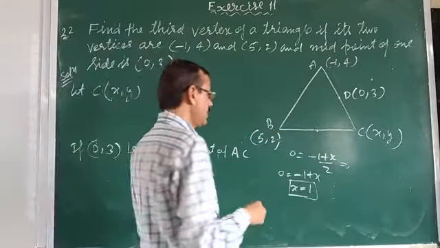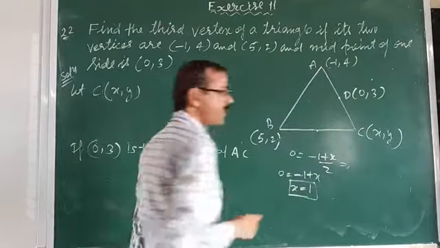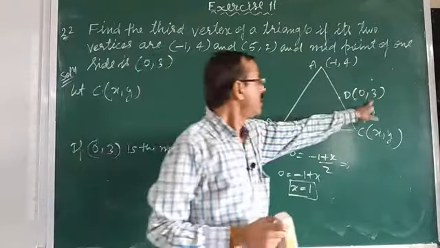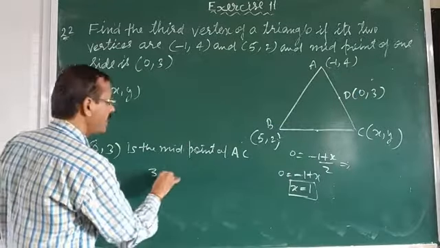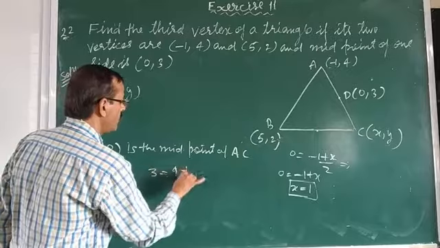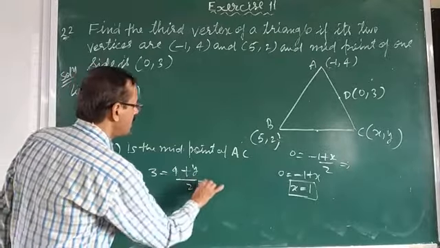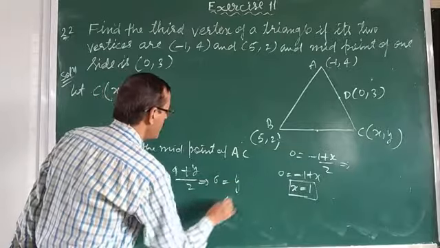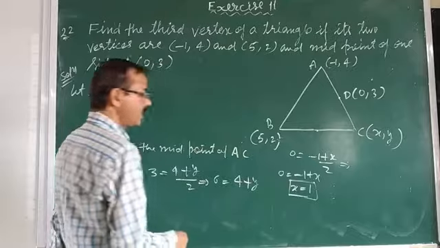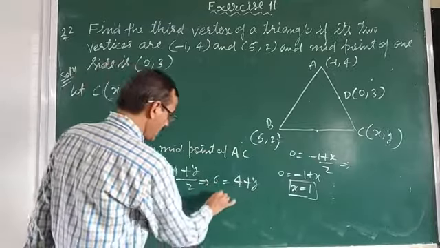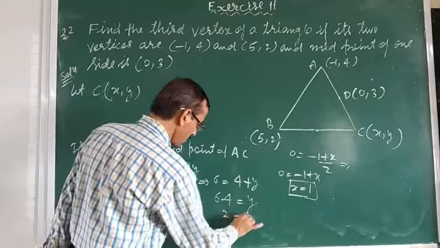Now for the second, 3 is equal to 4 plus y upon 2. B is equal to y1 plus y2 upon 2. So 3 is equal to 4 plus y upon 2. Transpose these two, what will be? 6 is equal to 4 plus y. 4 transposed to this side, 6 minus 4 is equal to y. 6 minus 4, 2 is equal to y.